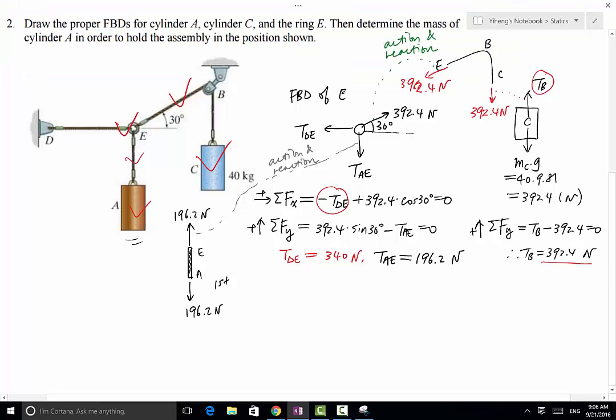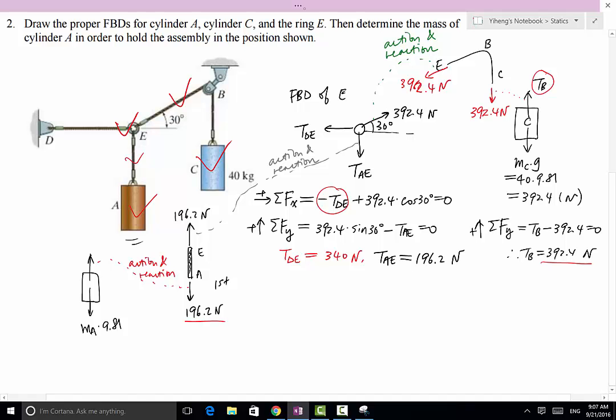And lastly, the free body diagram of cylinder A. It is subjected to the weight, which equals MA, which is unknown, times 9.81. But this force right here is the force exerted by cable AE on cylinder A. And this force right here is also in action and reaction with this force.